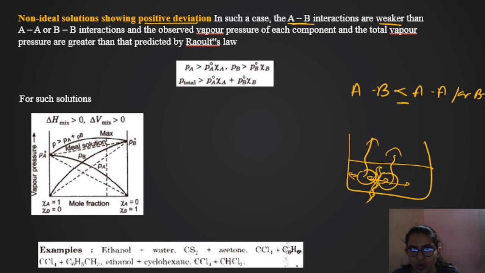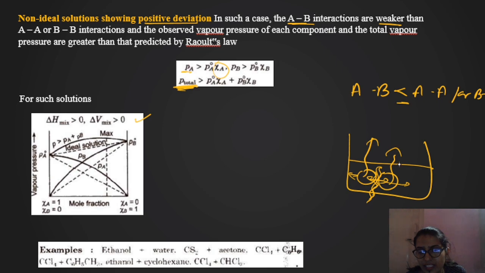If the vapor is increased, it means it is not following Raoult's law. So the partial vapor pressure due to A is greater than predicted by its mole fraction. It is not following Raoult's law at all. So the total vapor pressure is greater than what we predicted by Raoult's law. And how about volume?